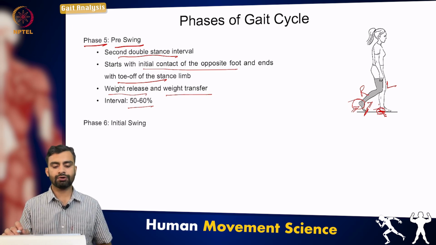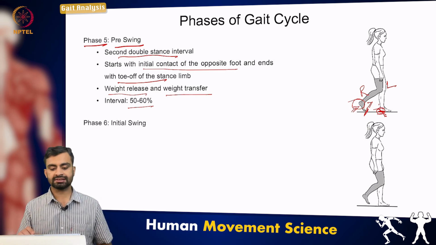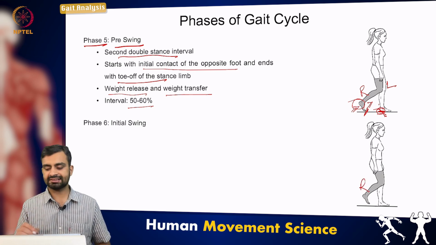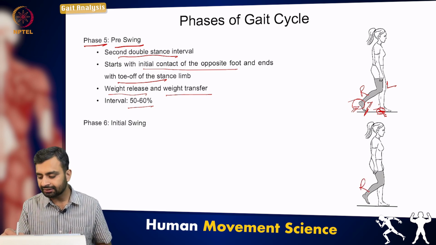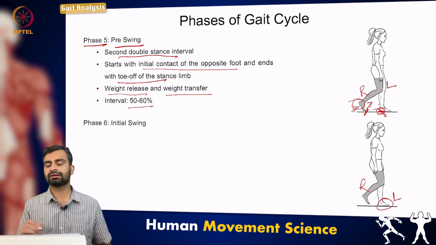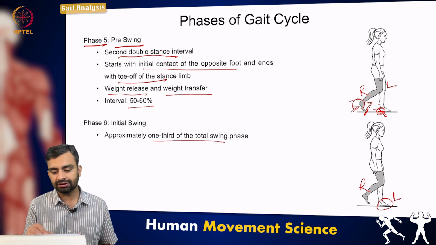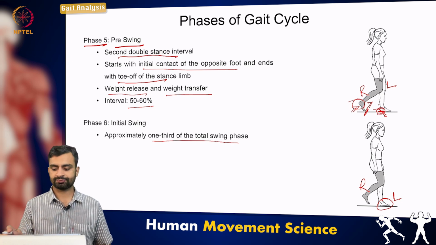It is then followed by the initial swing phase, where your right limb is in the air and left limb is supporting or accepting the weight. So it is approximately 1/3 of the total swing phase.